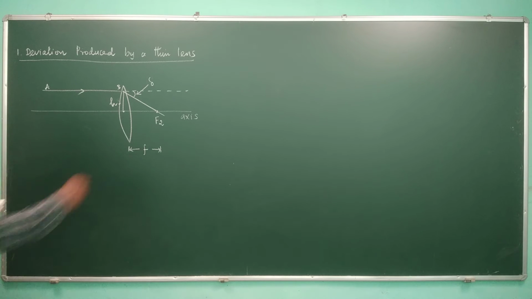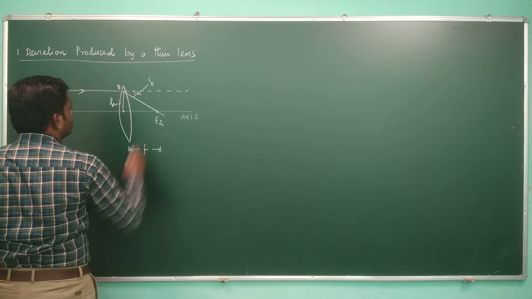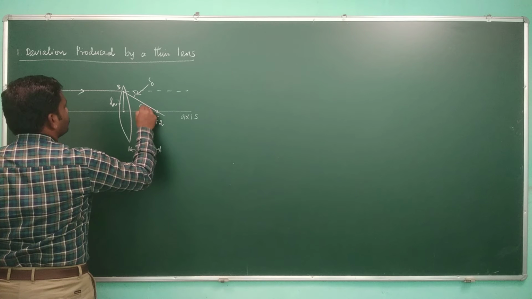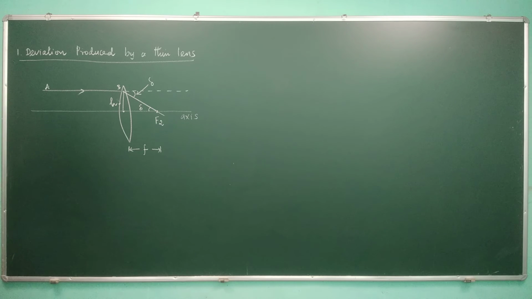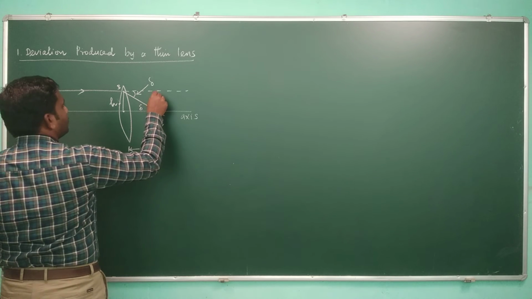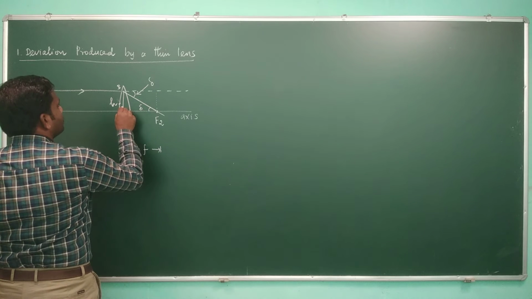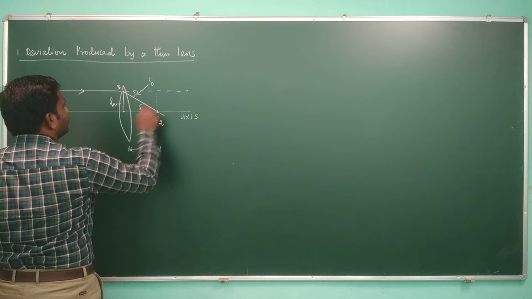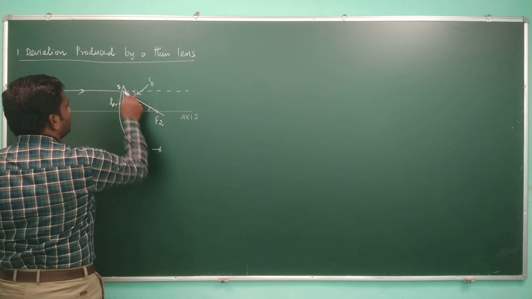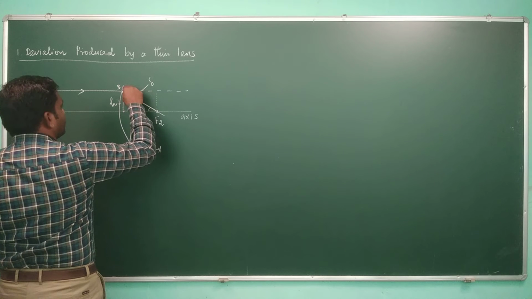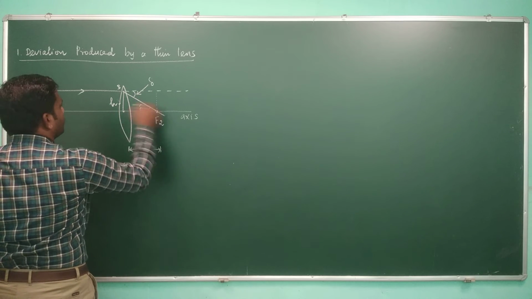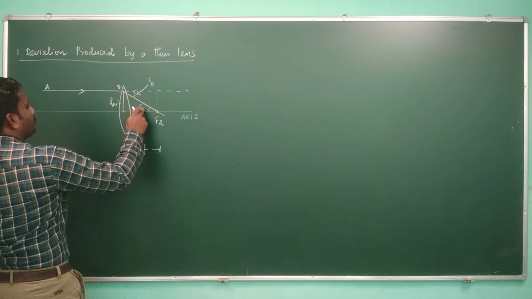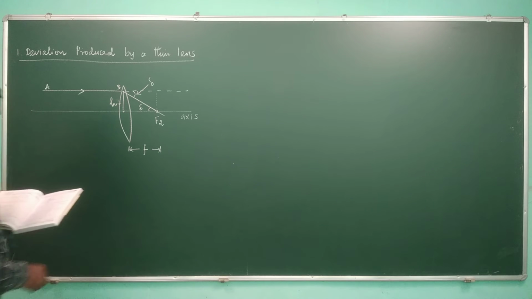If this is delta, this is also delta. Why? If you extend this side, this side and this side are the same, and this length and this length are the same, this is the diagonal part. So this triangle and this triangle are equal, so this is also delta.